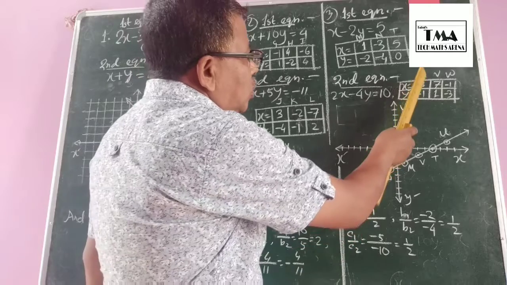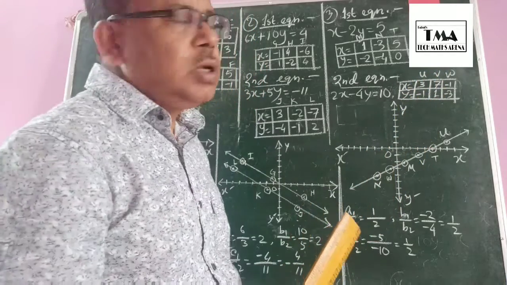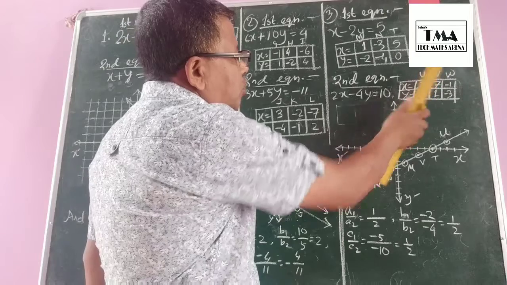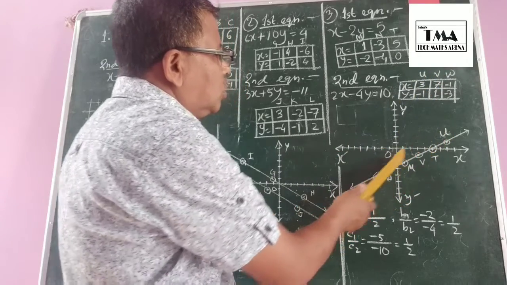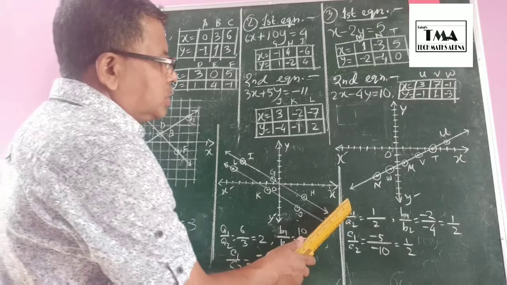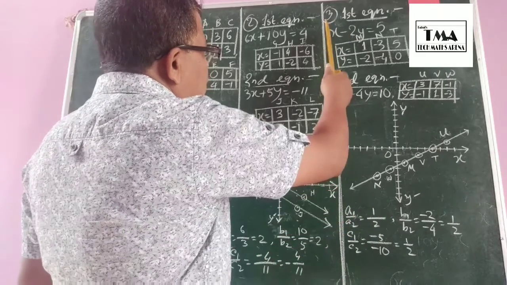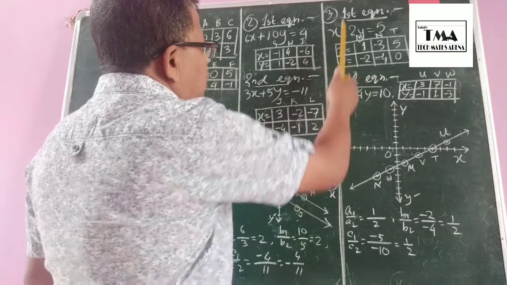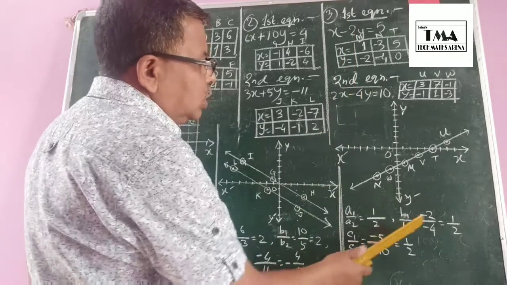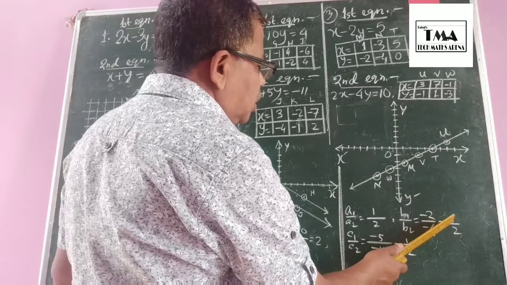But when we locate these 3 points in the graph paper, we have seen that these 3 points also lie on the same line. And now the ratios we have found out: a1 by a2 is 1 by 2, b1 by b2 is minus 2 by minus 4, here we have got 1 by 2, here also we have got 1 by 2.